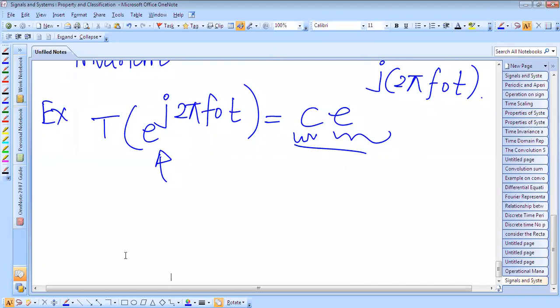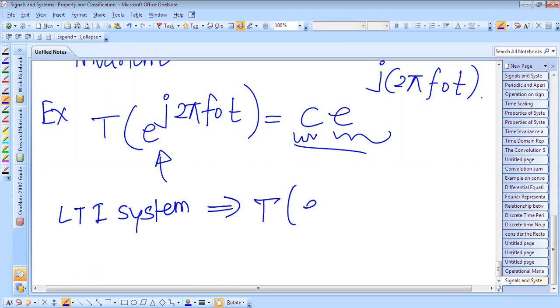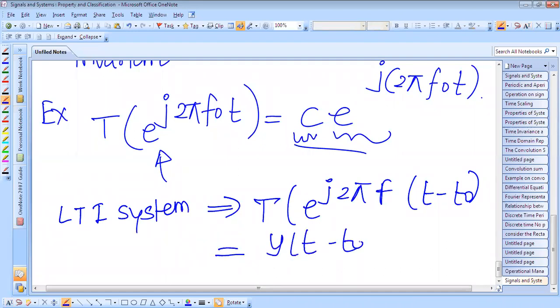Okay, therefore we can write here, since it is a linear time invariant system, T of e raised to power j 2 pi f naught t minus t0, which is equal to y of t minus t0.